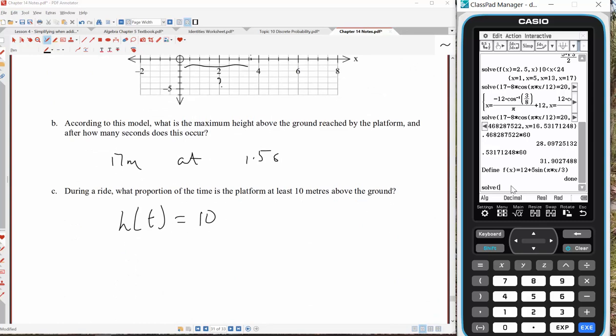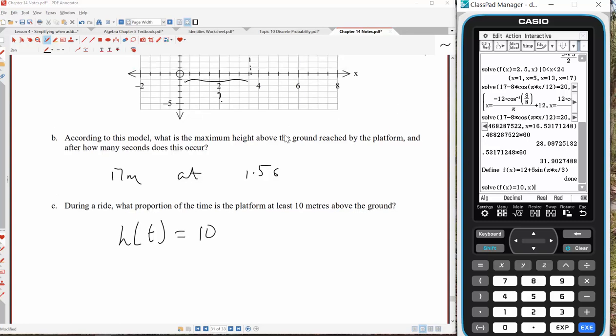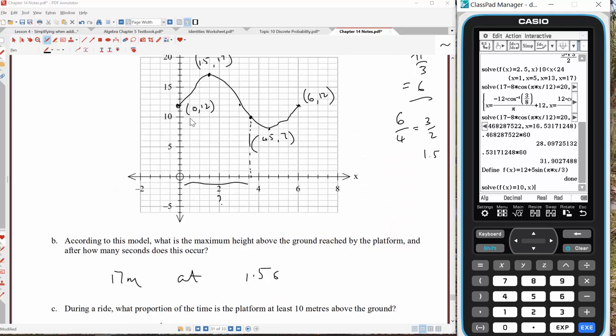So I'm going to solve f of x equals 10, comma x. Now remember, it's going to give you a general solution, but all you do is you have a look at your graph and you tell it where to go hunting. So I know that it's going to equal 10 between here and say here, so I'm going to tell it to hunt between 2 less than x less than, let's go 5.